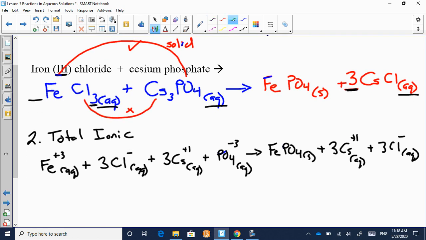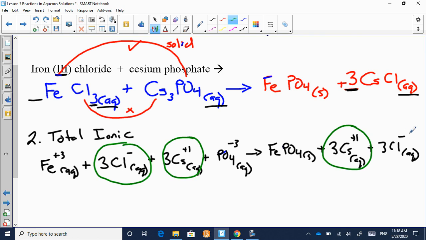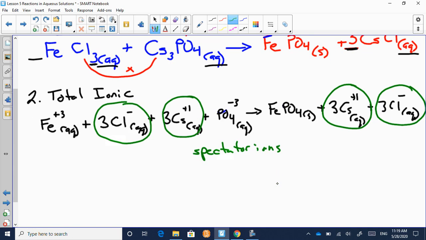And what I'm going to do is circle the spectator ions. So that's a spectator, that's a spectator, because notice from one side to the other, they don't change. I'll just make a little note there. Those are the spectator ions. Okay. And then for the last one, I'm going to write the net ionic. And that's where we eliminate the spectator ions.